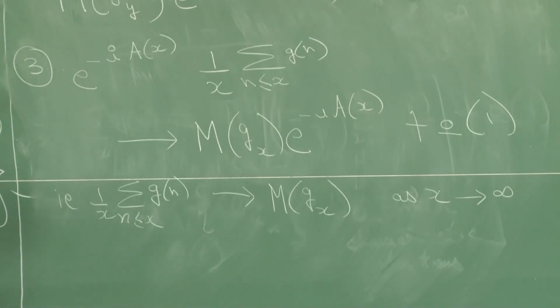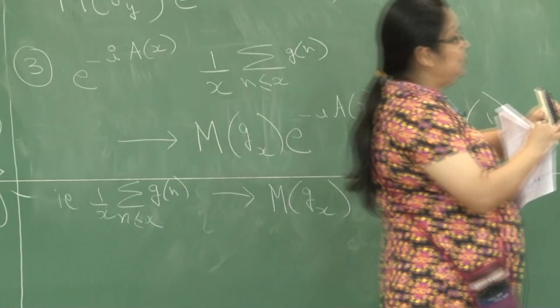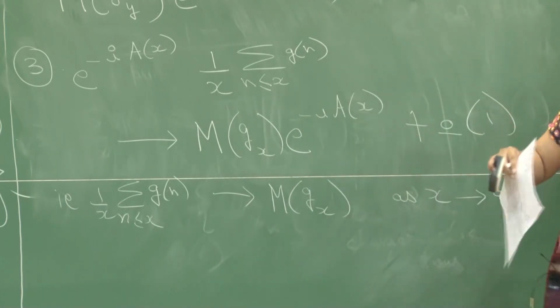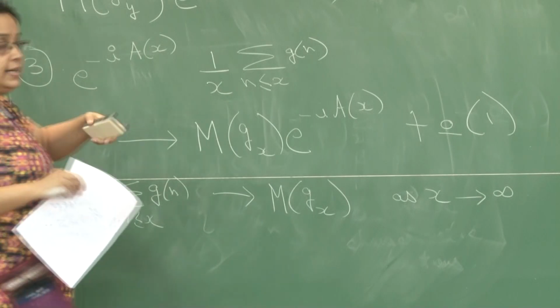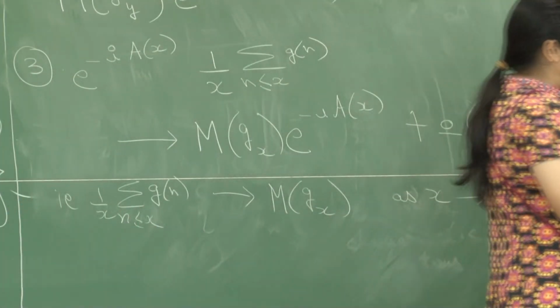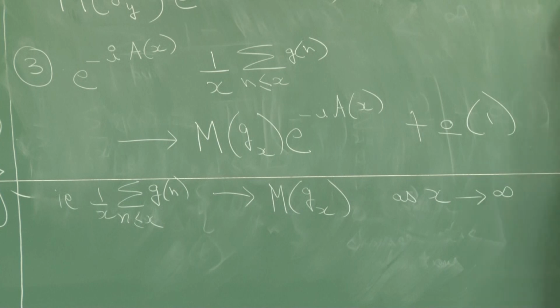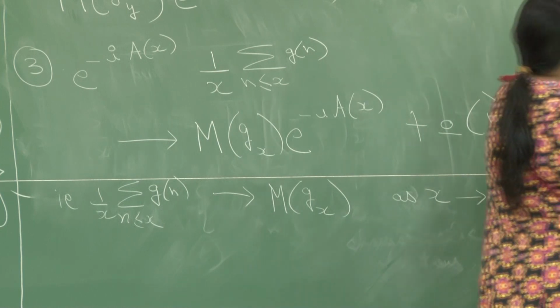Okay. So, to prove this theorem now, we first look at, so what do we have? We have this universal function g, which takes the values that make it a multiplicative function, values lying in the unit disk. Okay.